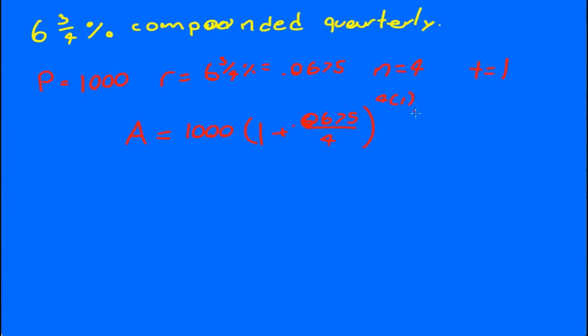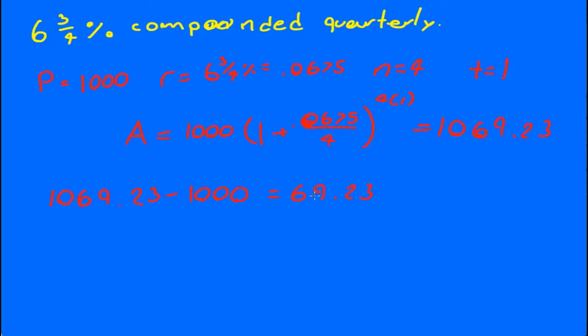That is going to give us this amount, 1,069.23. And now we're going to subtract our principal from that amount. So 1,069.23 minus 1,000 is equal to 69.23.